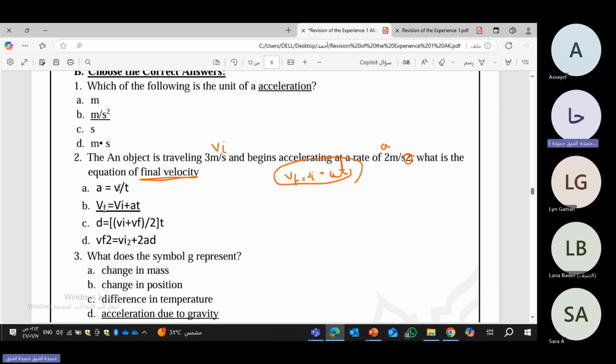Here they didn't mention if it's initial or final, so the first one needs more detail. This one is a direct equation, final velocity equals something. Without T, you can't find it. Excellent. It's just asking which rule can be used, and it's not solving, only choosing the correct rule, okay?